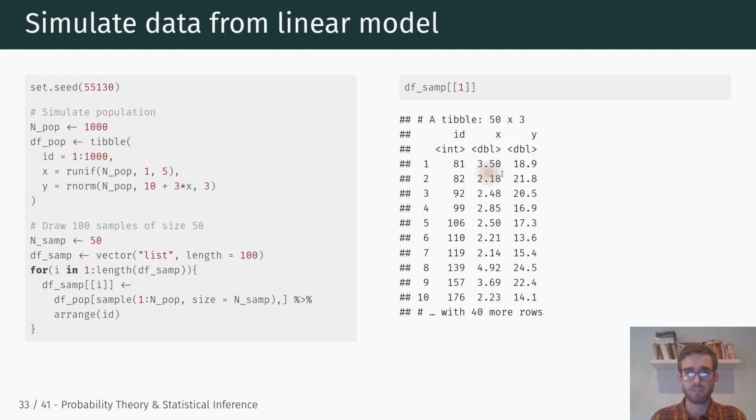We see our independent variable, our dependent variable, and the ID. So now we know that in sample 1, we randomly selected person 81, observation 82, observation 92, and so on. Of course, 50 observations total. df_samp is a list that contains 100 such samples of size 50. So now we already have our repeated 100 samples.